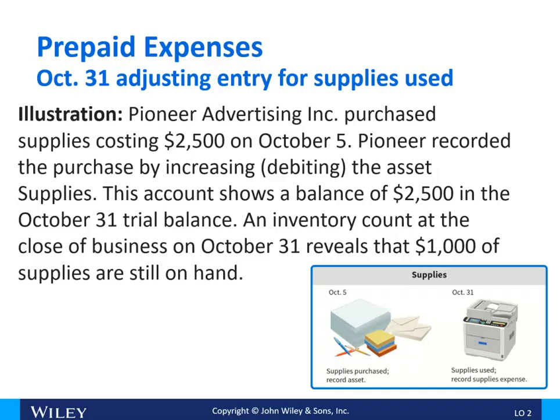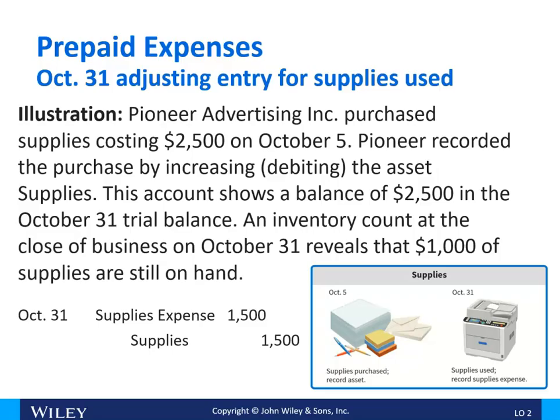So we bought $2,500 worth of supplies in October. At the end of October, there's only $1,000 worth of supplies still on hand, so we have to do an adjusting entry. We're going to debit supplies expense $1,500, credit supplies $1,500.